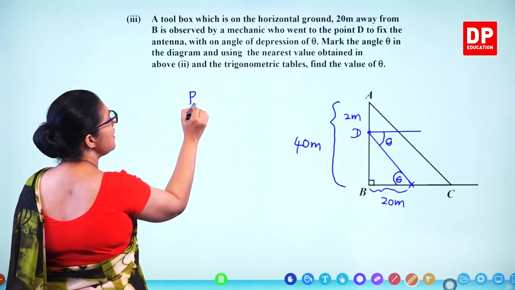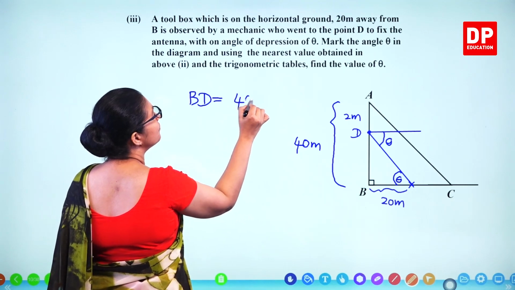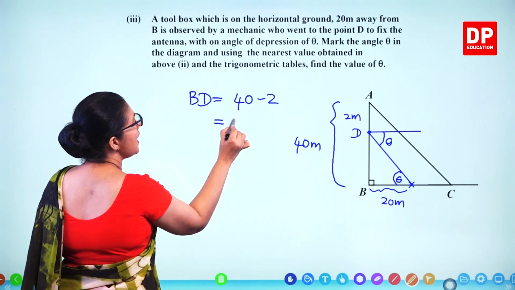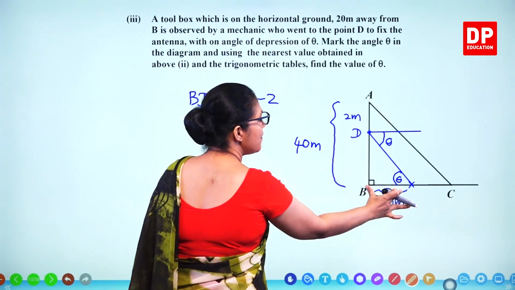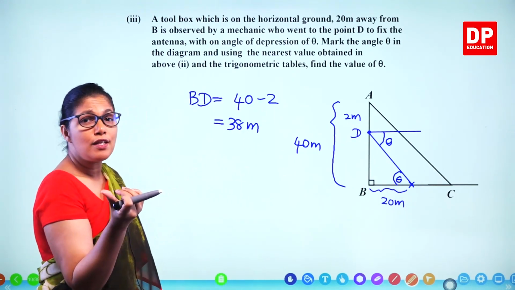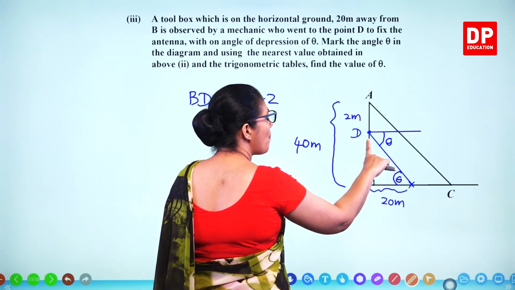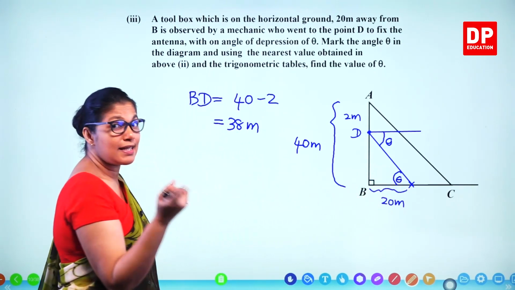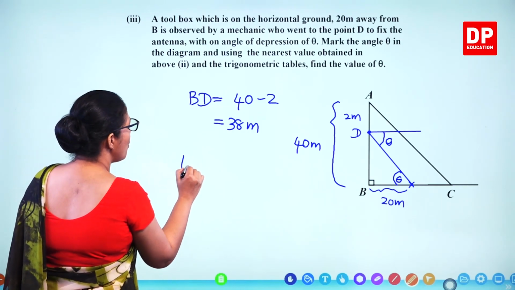So what's BD? 40 minus 2, 38 meters. This is 38 and this is 20. So easily you can find out the theta angle. To this angle, this is opposite and adjacent. What's the correct ratio? Tan ratio.